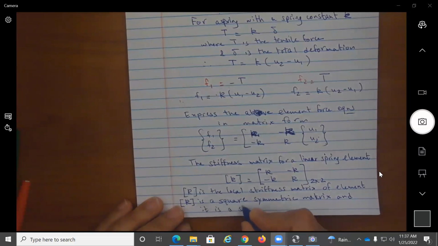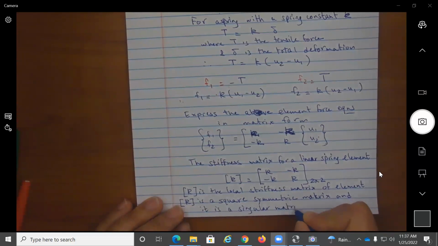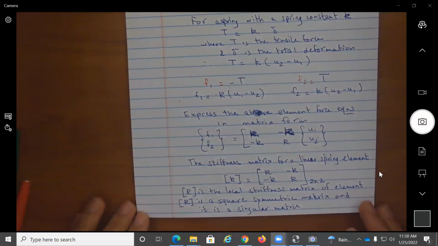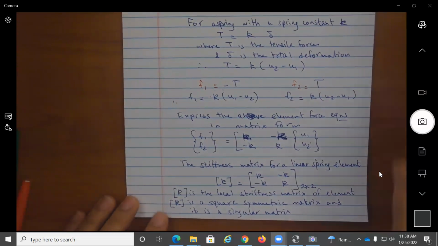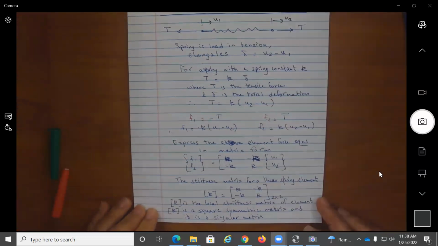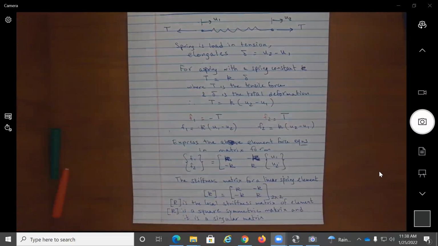A singular matrix, meaning we cannot find an inverse. So here we use the basic process to derive the stiffness matrix for a spring element.